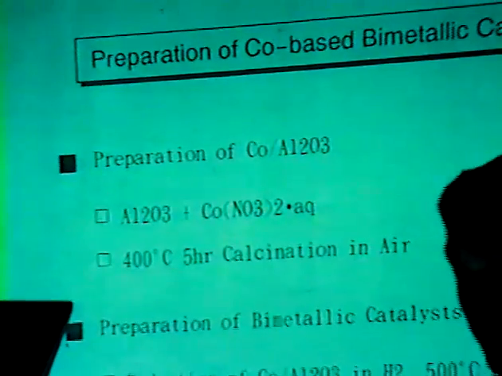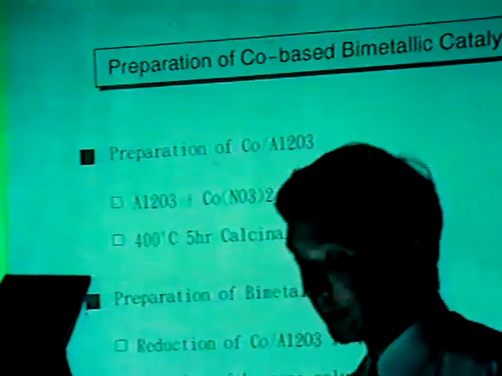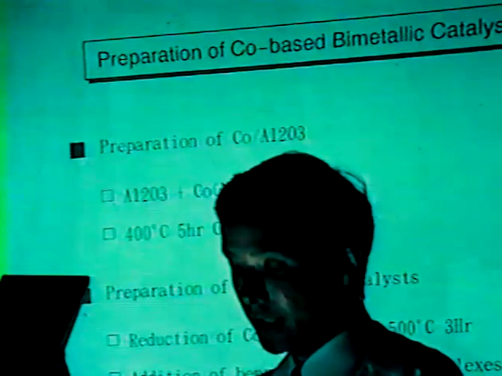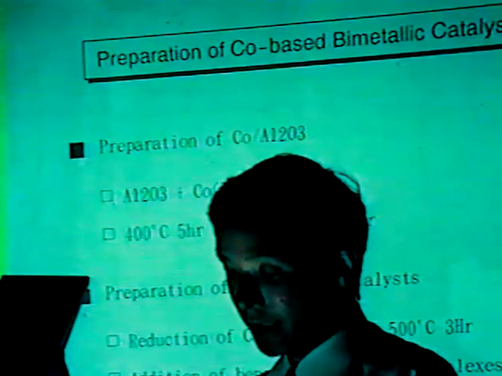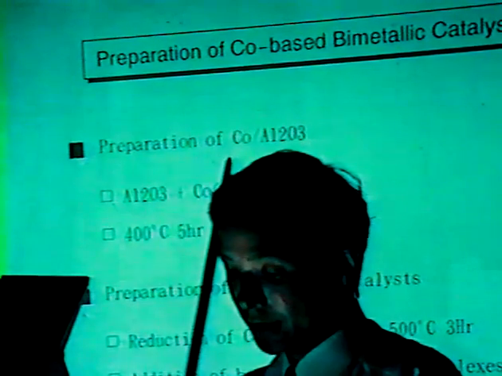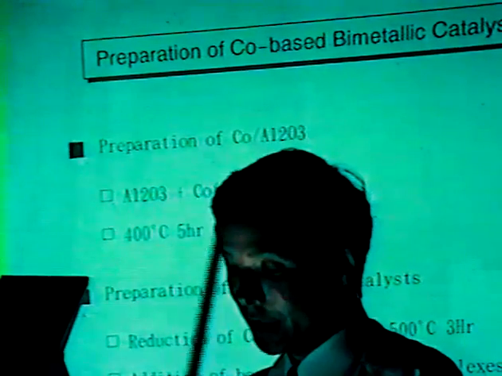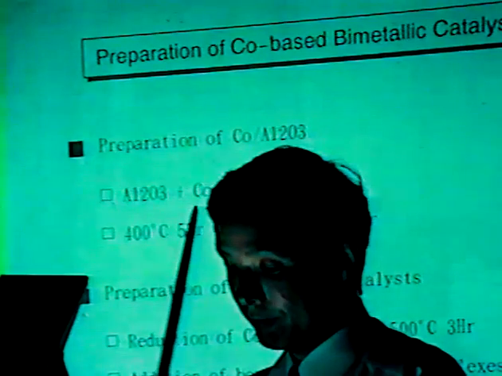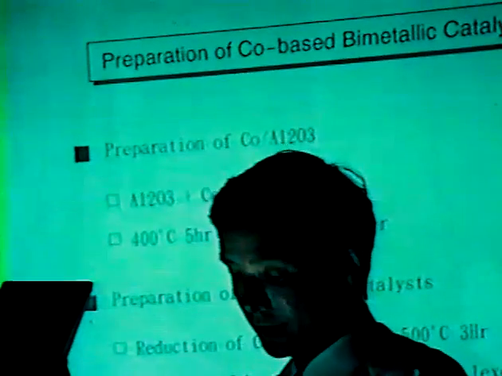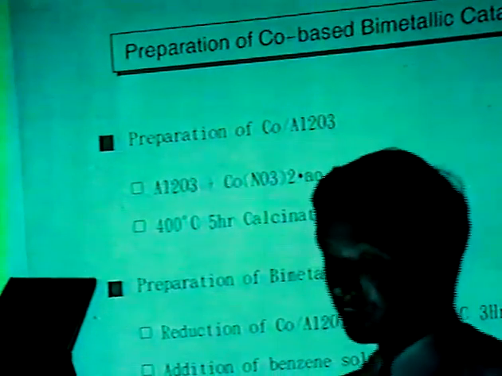The cobalt-based bimetallic catalysts were prepared as follows. First, we prepared cobalt alumina catalyst, and then we changed it to bimetallic catalyst. The starting material, cobalt alumina, was prepared by impregnation of cobalt nitrate solution.